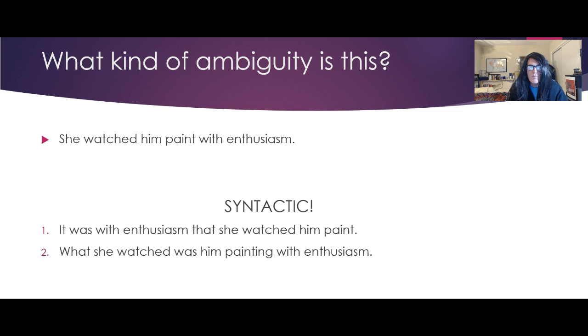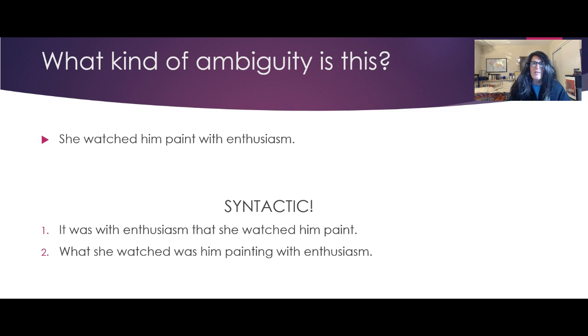So in this case, we might write, "It was with enthusiasm that she watched him paint." Or, notice it could equally mean, given the original sentence, what she watched was him painting with enthusiasm. So the problem with the original sentence wasn't with any of the words, it was the way they were strung together.